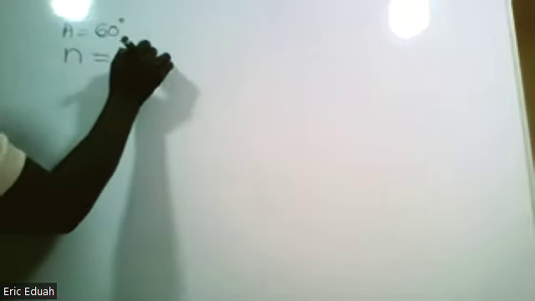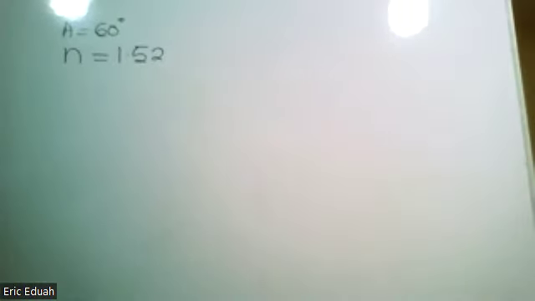Okay. So the angle of the prism is 60. A is 60. And the refractive index is 1.52. Then we have to calculate the minimum deviation of the ray.